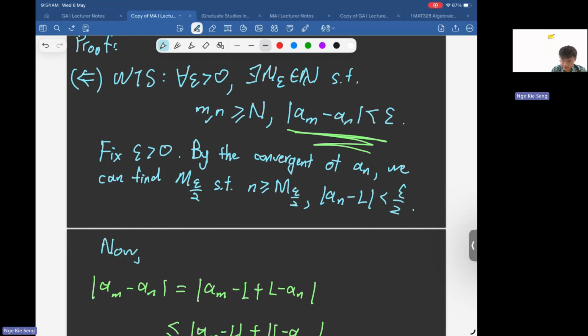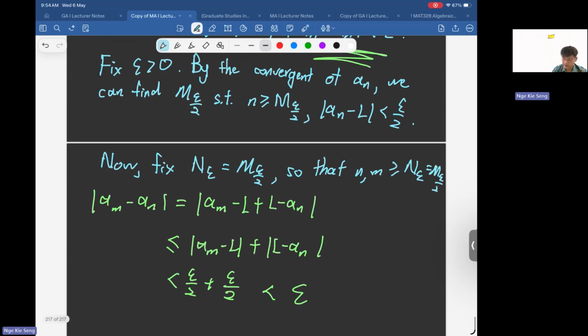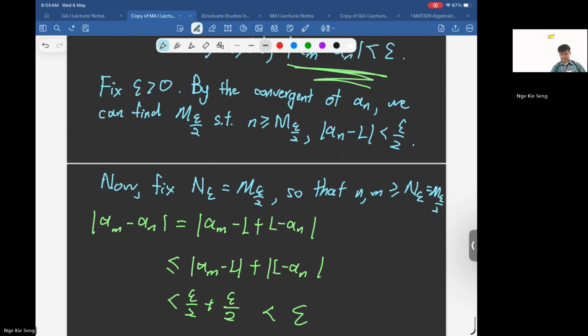So now fix N epsilon to be M epsilon over 2, so that for all n, m greater than or equal to N epsilon, which is M epsilon over 2, and then we get this. Okay, this one is equal, sorry.